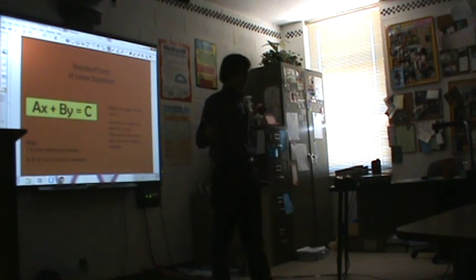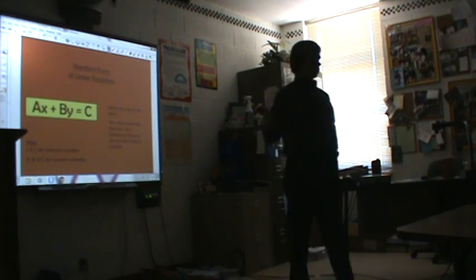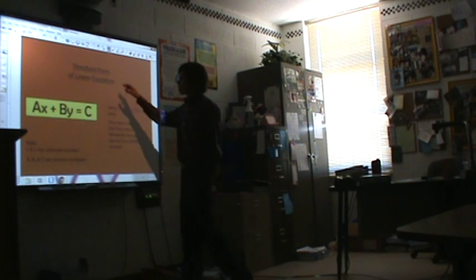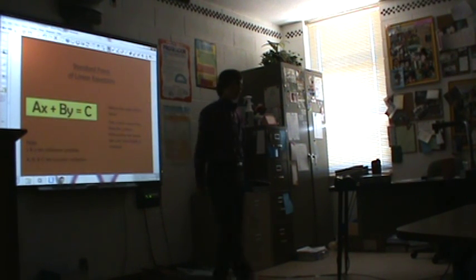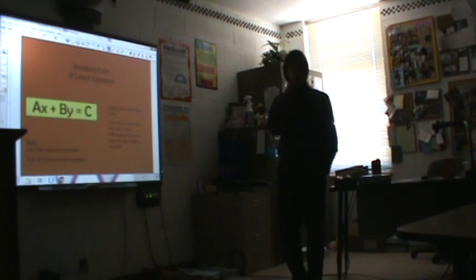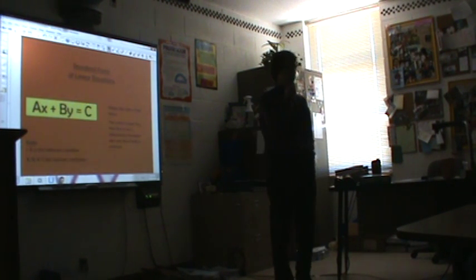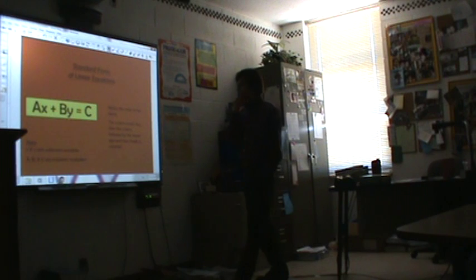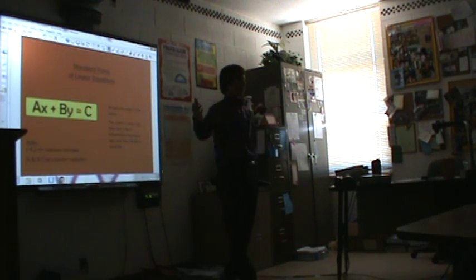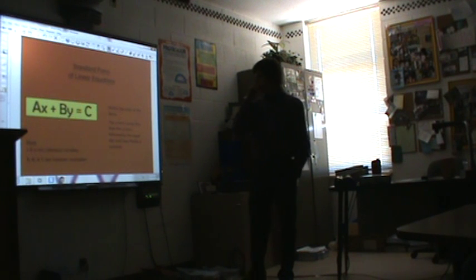We used s and t, or q or r, whatever other variables you'd like to use. For an equation to be in standard form, it has to use x and y. So if it has s or t, you would simply replace them with x and y. This is nothing more than a notational convention. This is just the way that standard form is written. So this is how it has to be written.